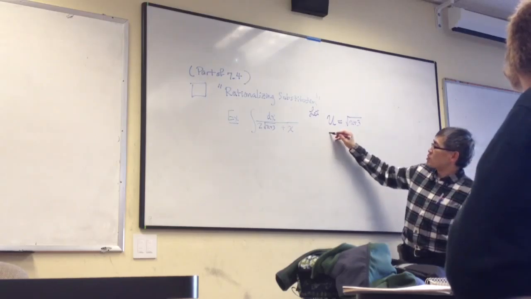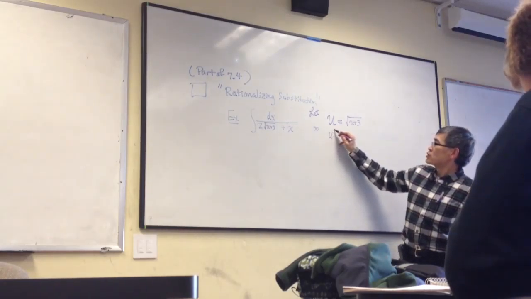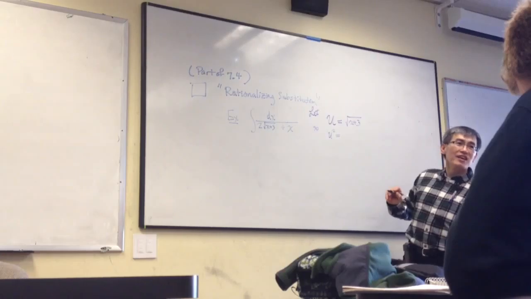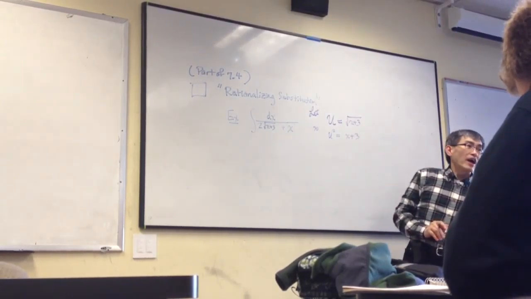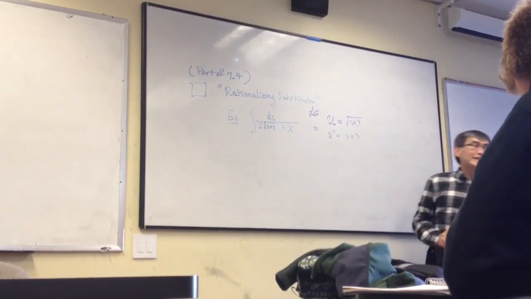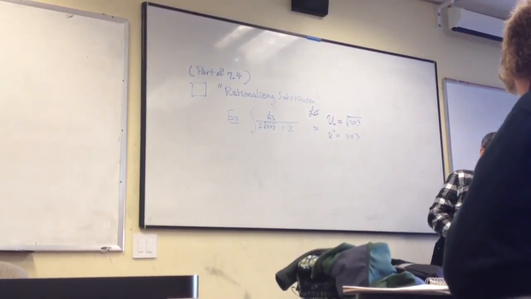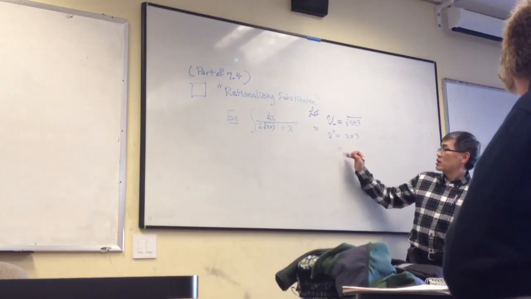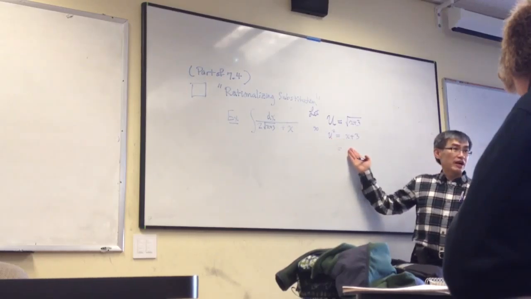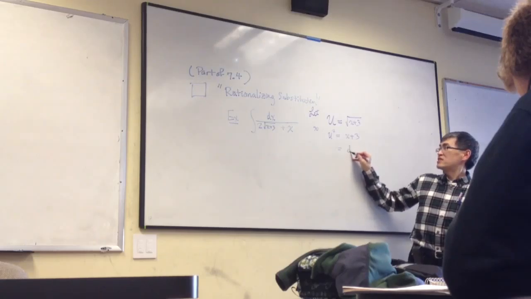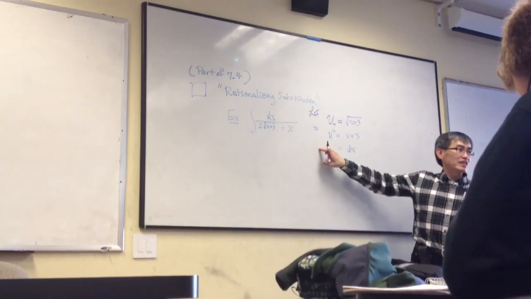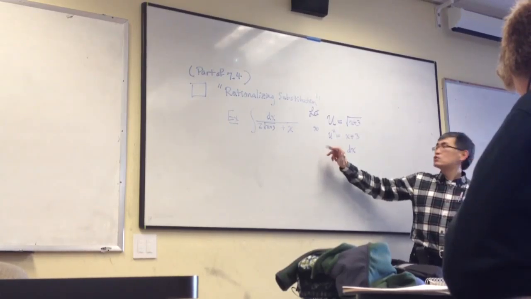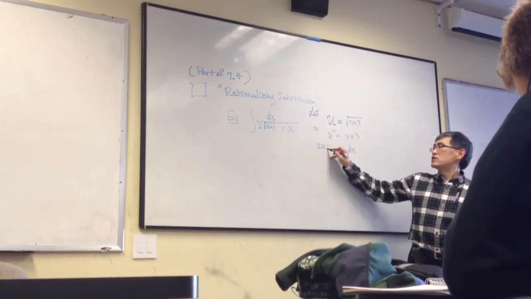So I'm going to square both sides, so u squared is equal to what? x plus 3. And then only after that, you differentiate both sides. Could you help me with that? So I'm going to differentiate the left, differentiate the right. The right-hand side is easier. What is that? dx. And left-hand side, if I take the differential, what is that? 2u du.